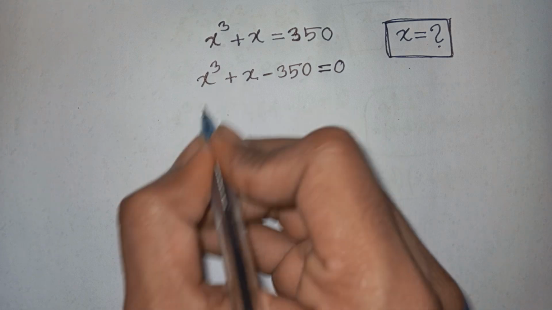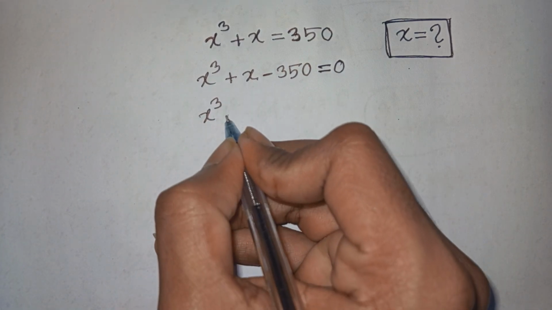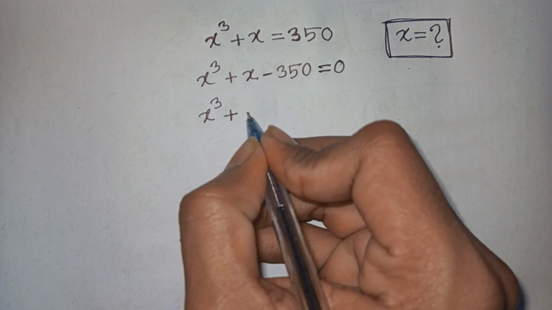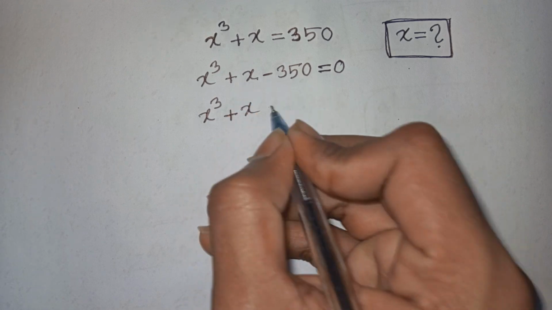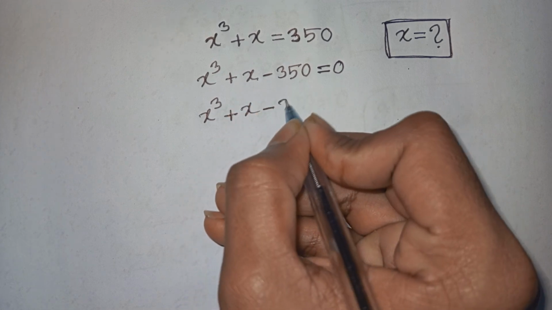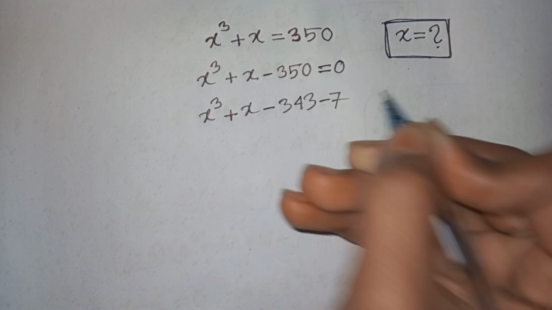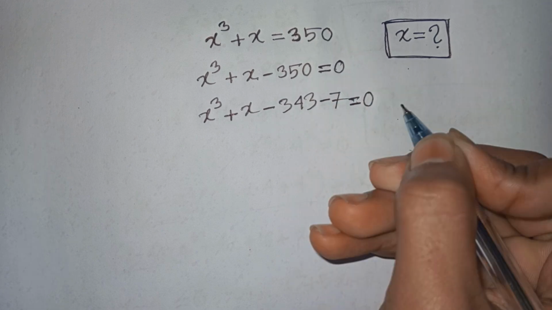Now we have x cube plus x, then minus 350 can be written as minus 343 minus 7, then is equal to 0.